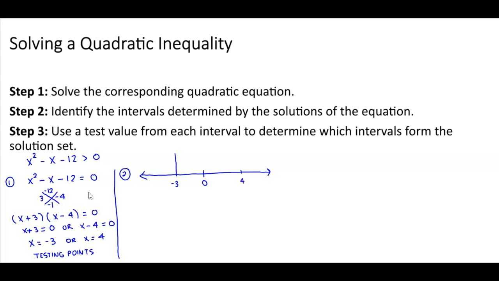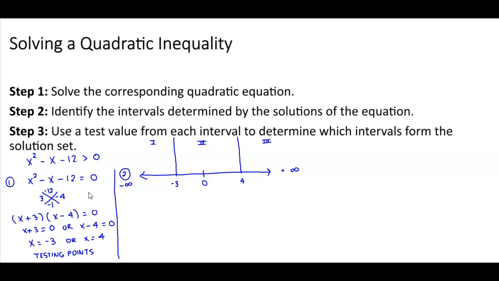Then we're going to draw a line up to intersect each of those points. So we're creating 3 regions. Region 1 is all the values less than negative 3 going all the way towards negative infinity. Region 2 is in between negative 3 and 4. And region 3 goes from 4 all the way to positive infinity.